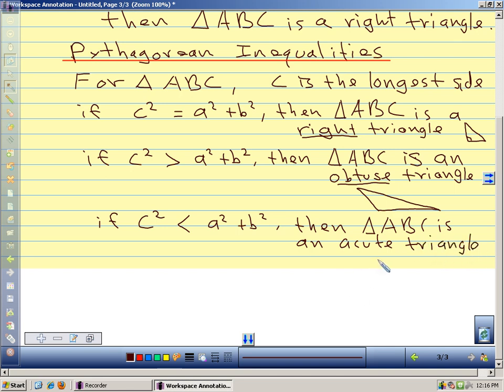And an acute triangle is going to look like so. All the angles are less than 90 degrees. So those are our three possibilities with the Pythagorean inequalities. If it's exactly the same, we have a right triangle. If c squared is greater, then we have an obtuse triangle. And if c squared is smaller, then we have an acute triangle.